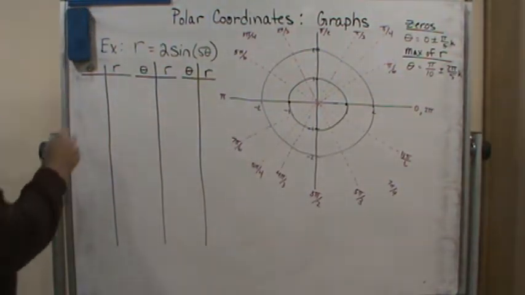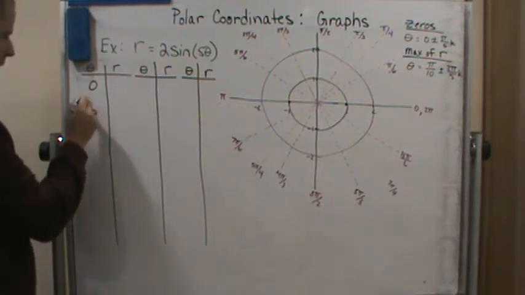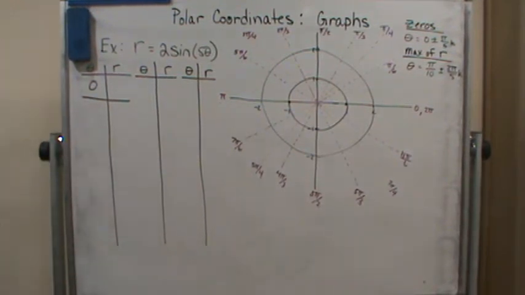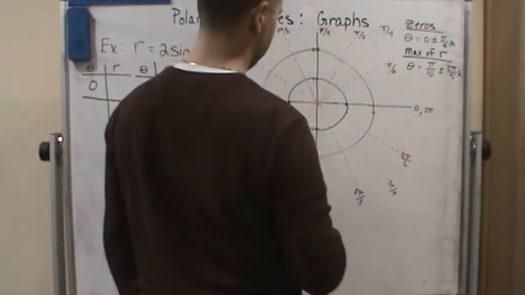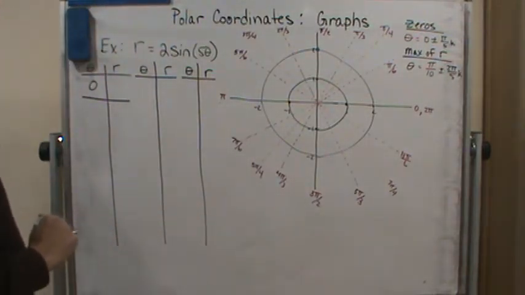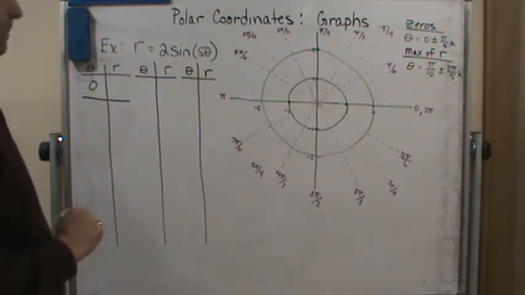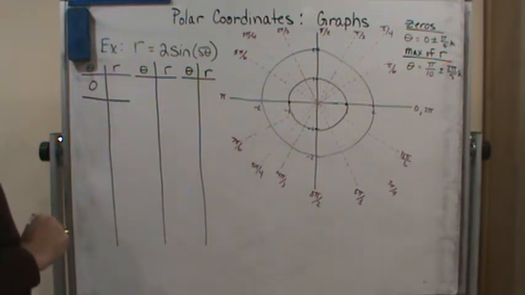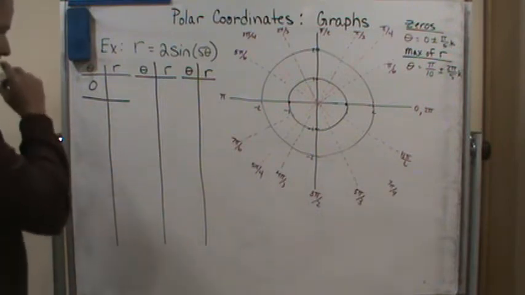Okay, so let's start with 0. Let's see here. What do I want to do? Okay, so let's just do 0.